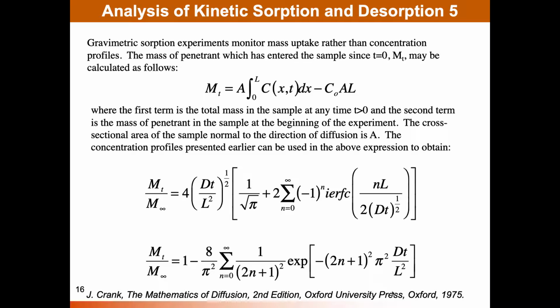That's this initial concentration, C0, times the volume of the film, its cross-sectional area times L. You can carry out the integration, and you get, again, two equivalent forms of the fractional mass uptake. I show them both again because they are useful in demonstrating various features of the behavior of the solution of the diffusion.